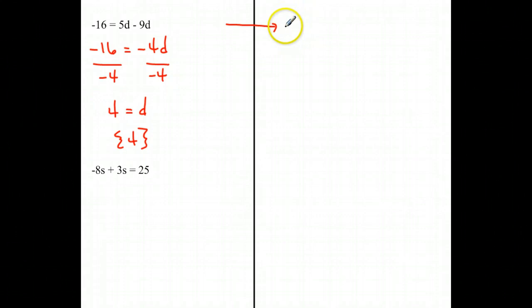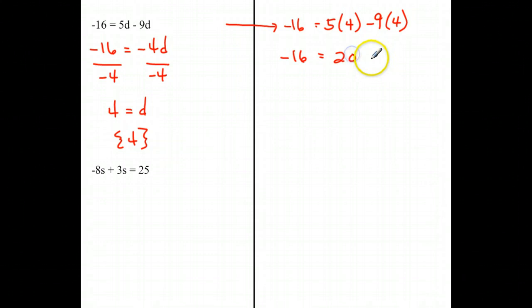My check, negative 16 is equal to 5 times 4 minus 9 times 4. I'm going to get 20 minus 36. And in fact, both sides of that equation come out to be negative 16, which tells me my answer of 4 is correct.